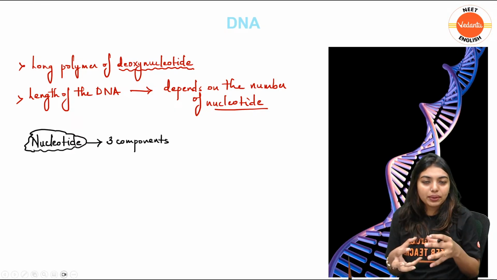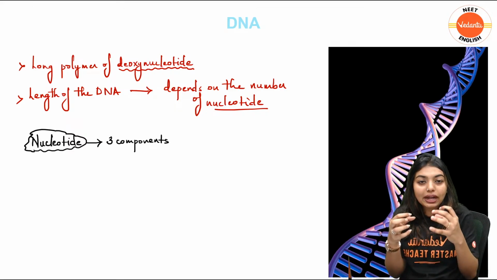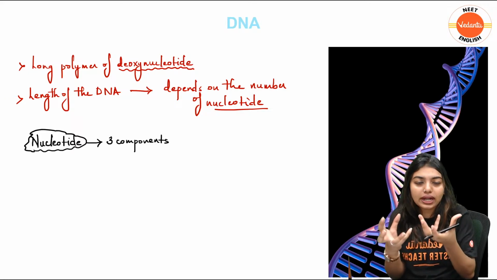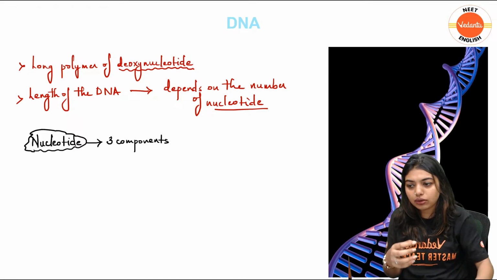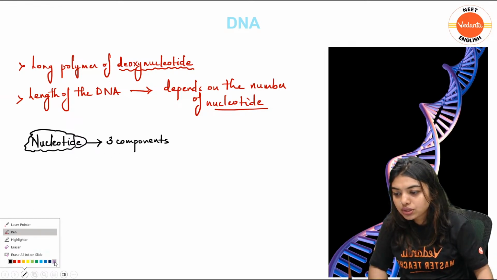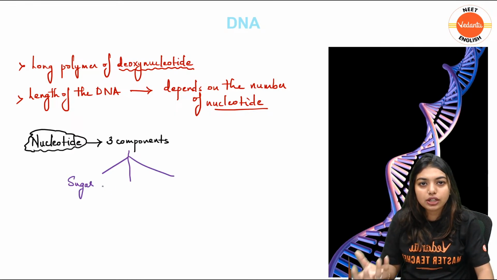These 3 components bind with each other to form your nucleotide. Many nucleotides together form your polynucleotide. So it has 3 components, and one by one we will write them. First is sugar. It can be ribose sugar or deoxyribose sugar.